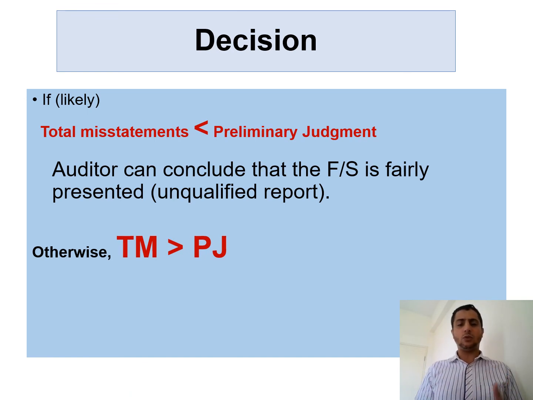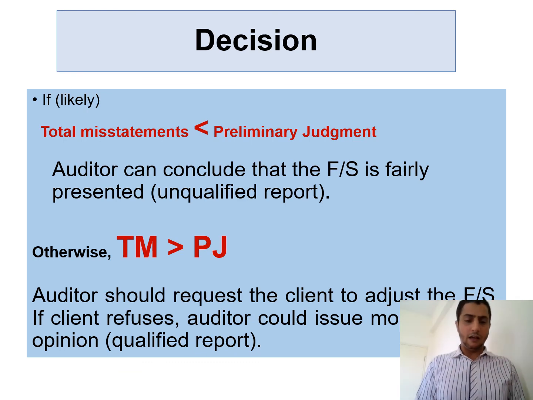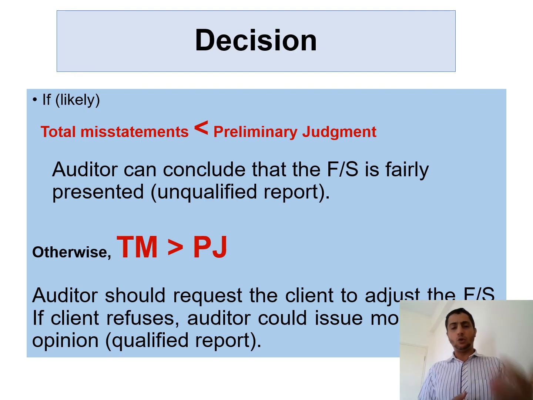Otherwise, if the total misstatement exceeds or is greater than the preliminary judgment, in this case the auditor should request the client to adjust the financial statement, and if the client refuses, the auditor could issue a modified opinion or qualified opinion. With this, we complete the second part of this chapter about materiality and the risk.